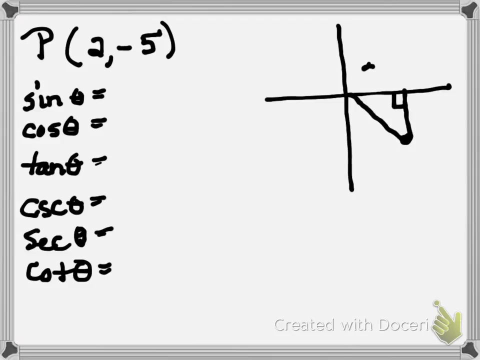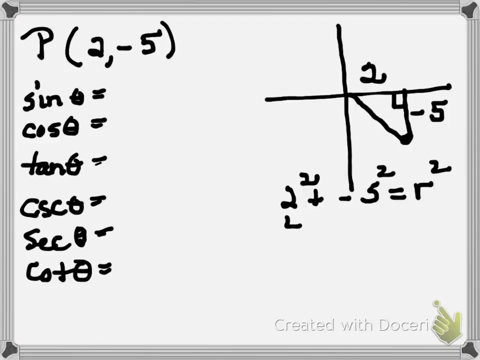It has an x value of 2, a y value of -5, and the radius, it's not the unit circle, we need to find the radius of the circle, which is the hypotenuse of the right triangle. So I have 2 squared plus -5 squared equals the radius squared. 4 plus 25 equals r squared.